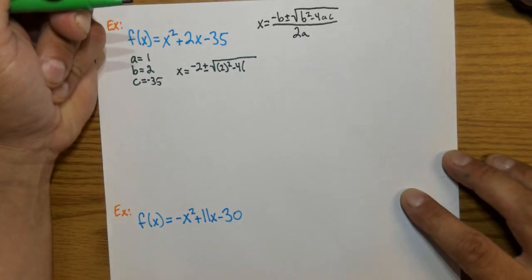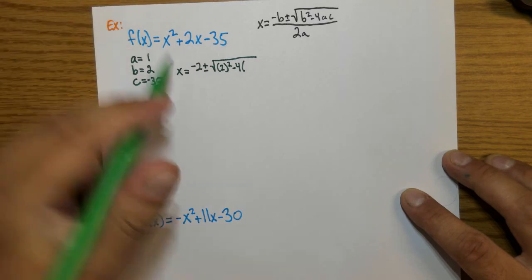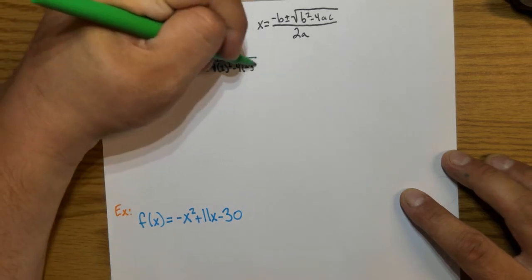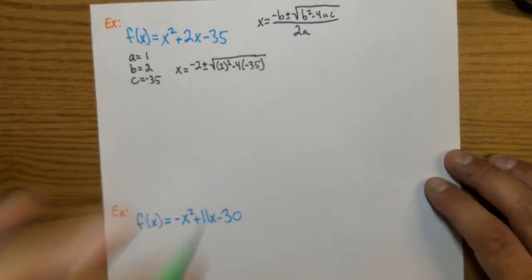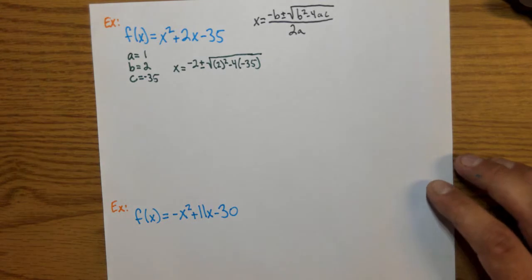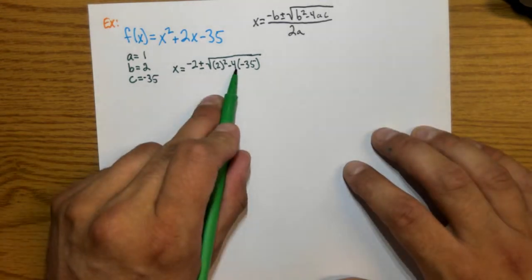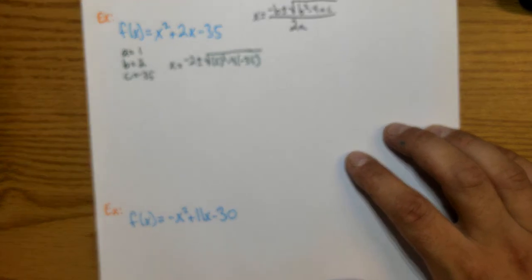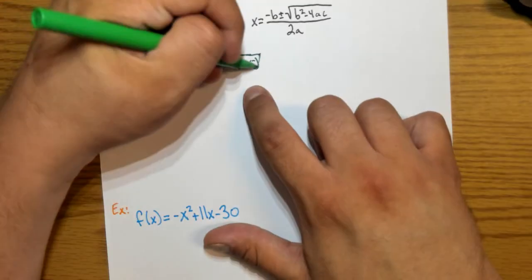Wait. You know, let's skip this one. I think, oh no, never mind. Minus 35. I thought I was doing something wrong for a second. I thought I made a bad equation for us. Okay. So I goofed. Well, that's okay. Let's start over.